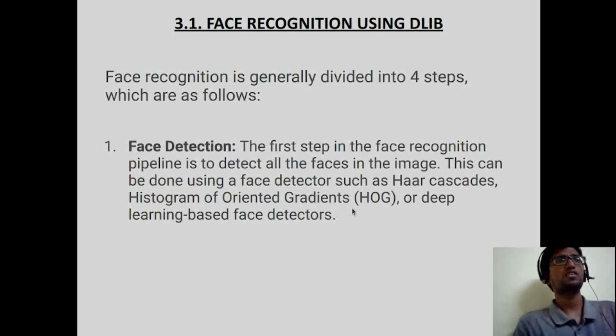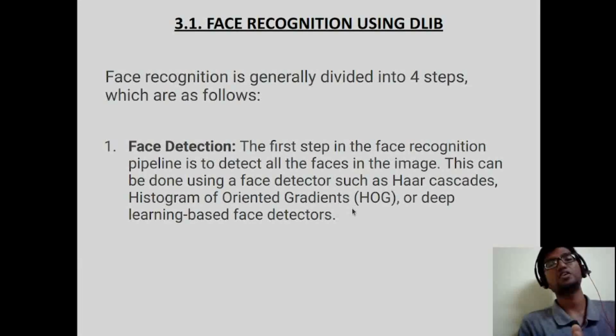What is HOG? For example, you put in one input image, and then another image. The histogram is a bar graph. Each pixel has levels from 0 to 255, so we can analyze each pixel value in the histogram and identify the faces.